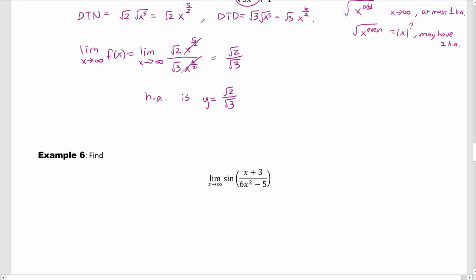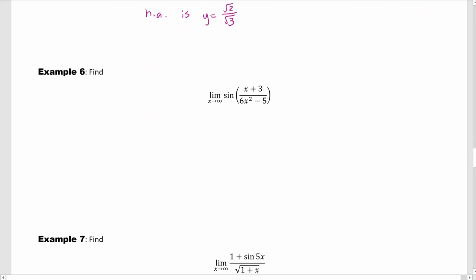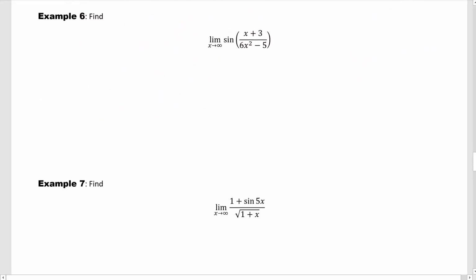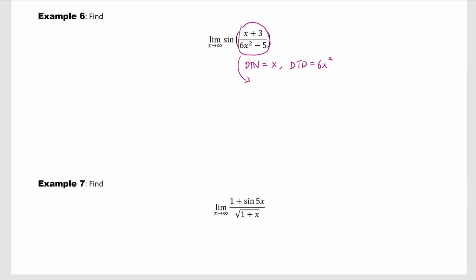All right, let's continue. Example 6. When x goes to infinity, we look at the quotient inside the sine. What is the dominant term of the numerator? x. The dominant term of the denominator? 6x squared. So this goes to x over 6x squared.